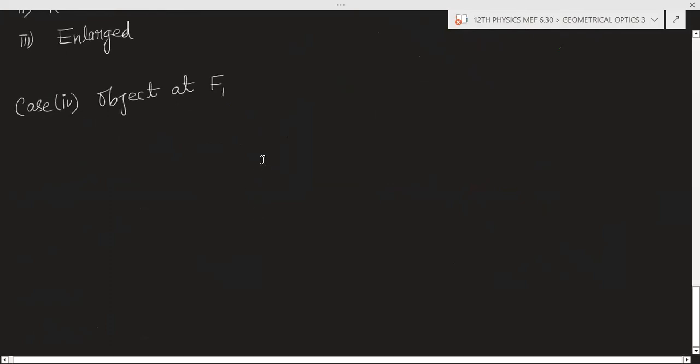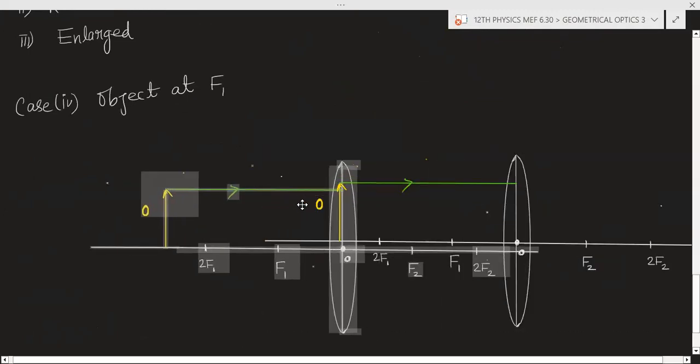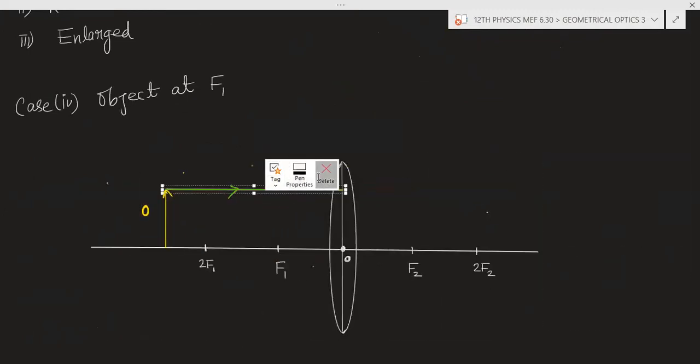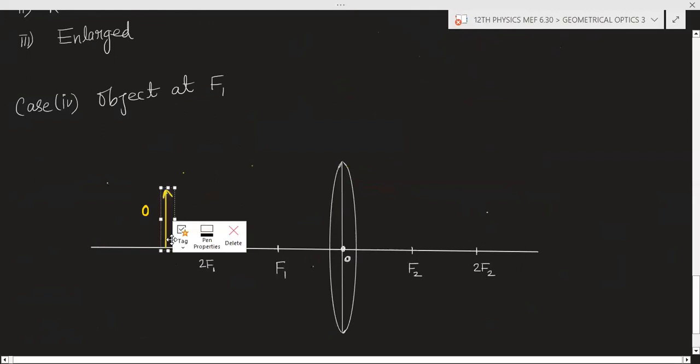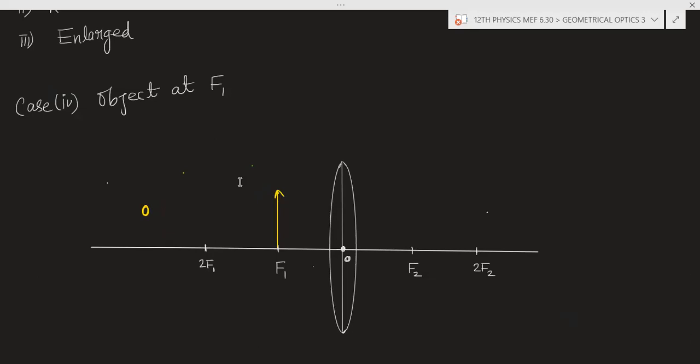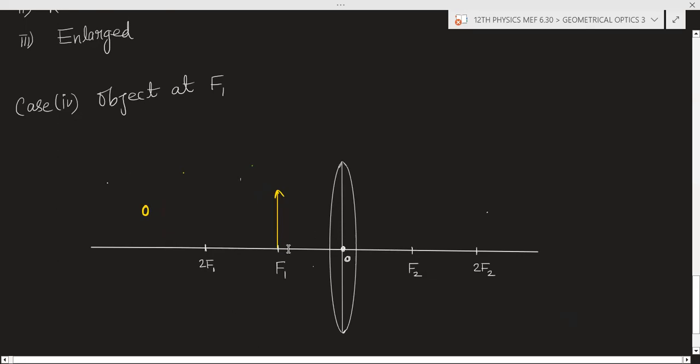So this is our object and we are placing this object at F1, and we will see where the image is formed and what will be the characteristics of the image formed when you are placing the object at F1, or the first focus. This is the first focus of this lens.